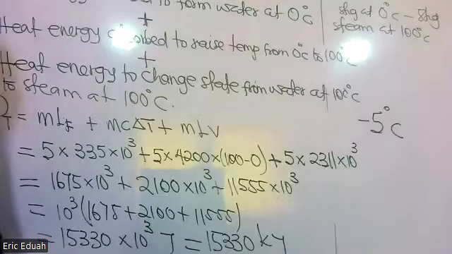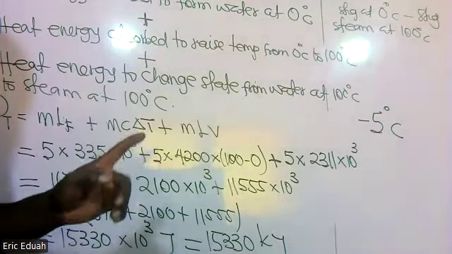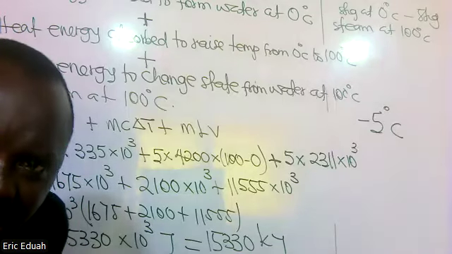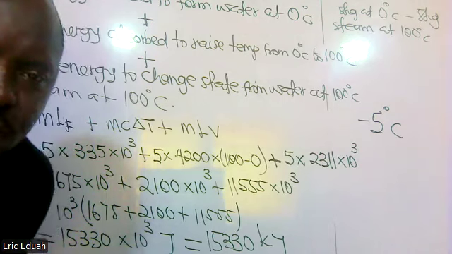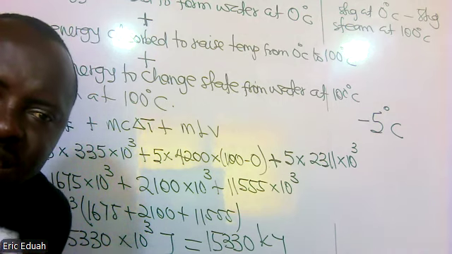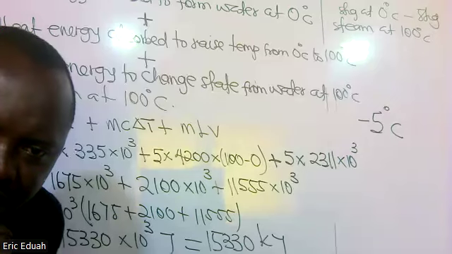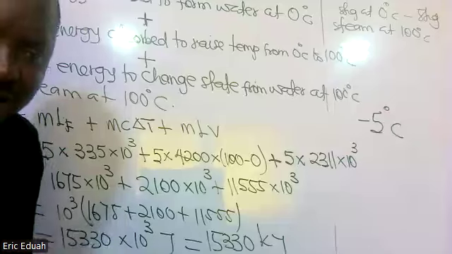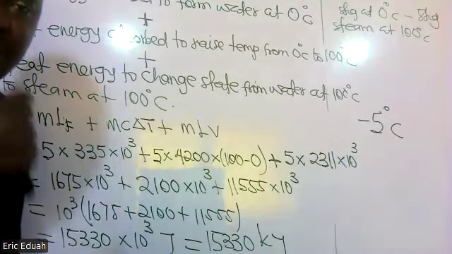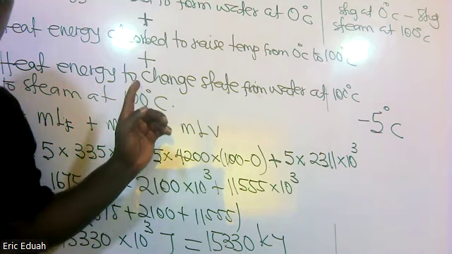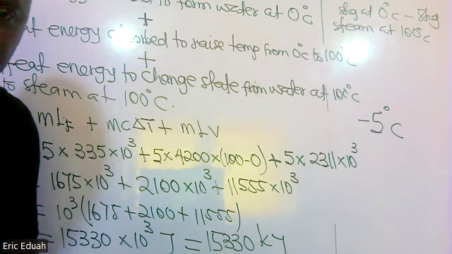So your question is that we have 5 kilogram mass of ice at -5 degrees Celsius, and you are expected to calculate the quantity of heat energy required to change it from ice at -5 to steam at 100 degrees Celsius, at the same mass.